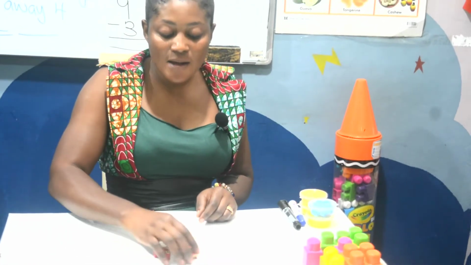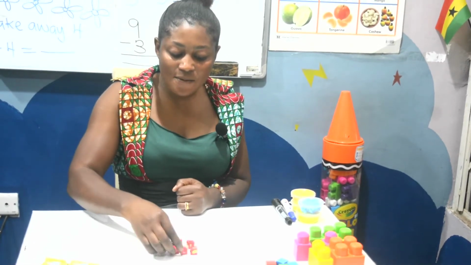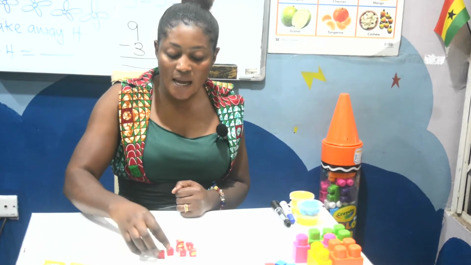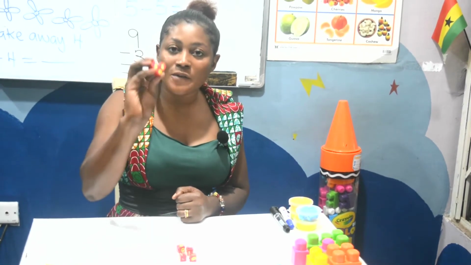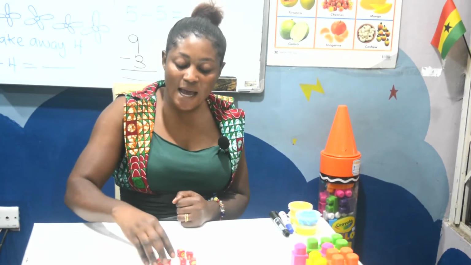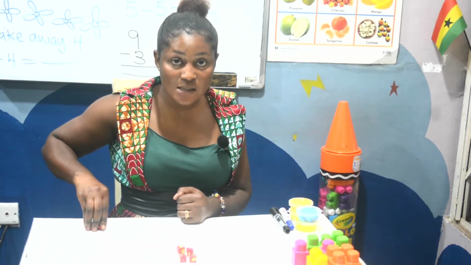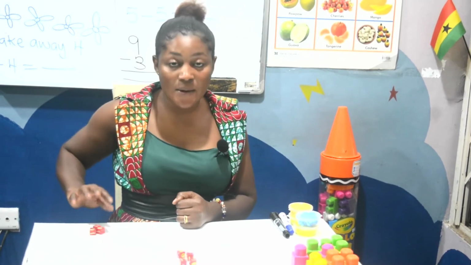Now I have with me here toffees. I have 7 toffees here. I was having 7 toffees and I gave 3 of the toffees to my uncle. So it means I take away 3 from the 7 toffees. I've already taken away the 3.